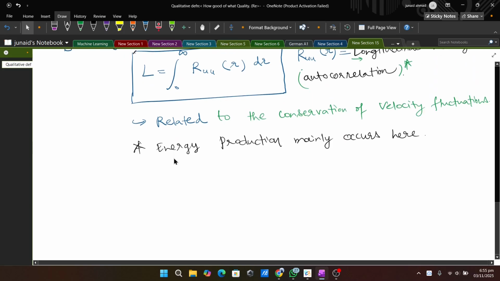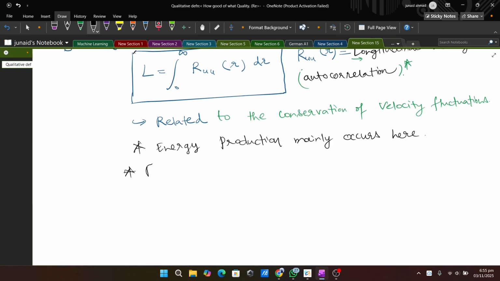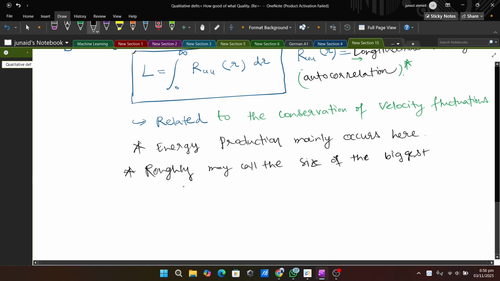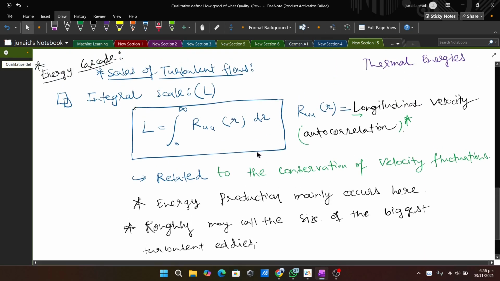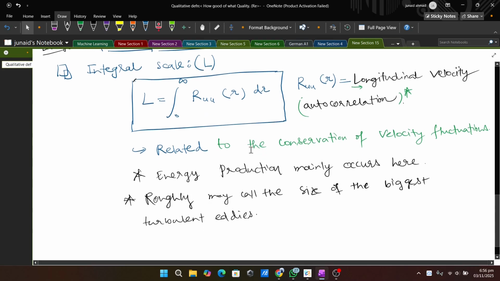Okay, we are done with the integral scale represented by L, the formula, and some information about this.